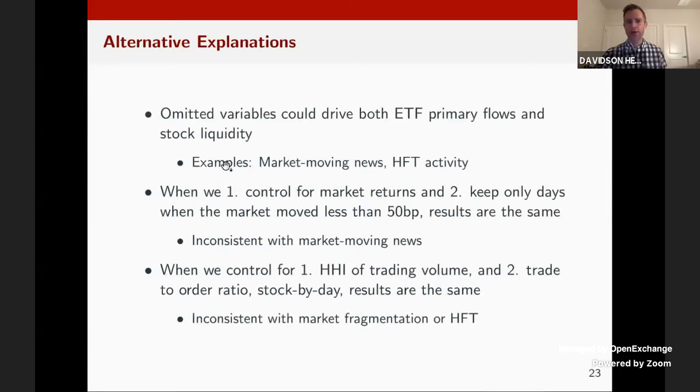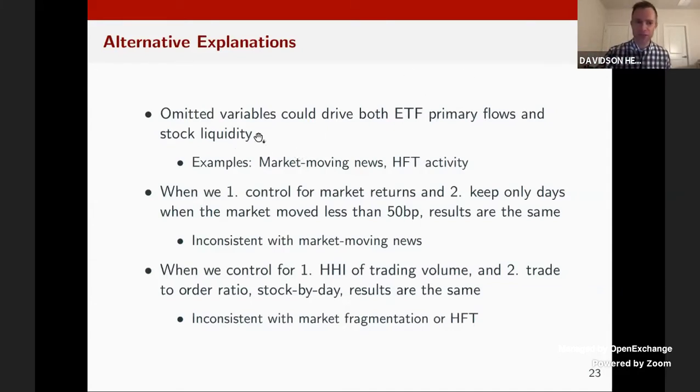Okay, now there's plenty of other things that vary that could be driving both ETF primary flows and stock liquidity. That is to say, suppose that on days when there's a lot of new market moving news, some very important presidential tweets or something, investors are eager to lay off risk or eager to change their position on a more aggregate macro basis. So they trade ETFs preferentially.